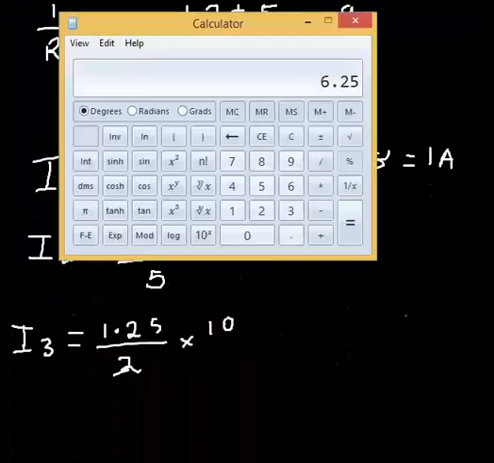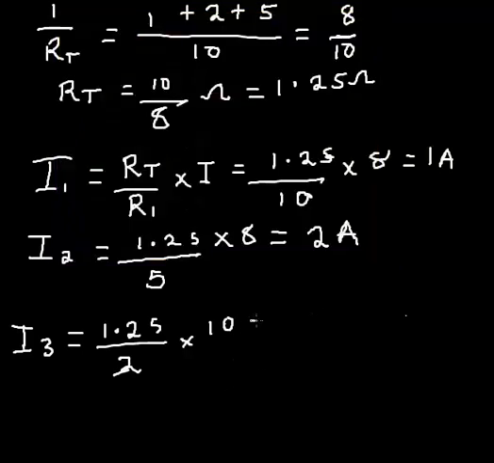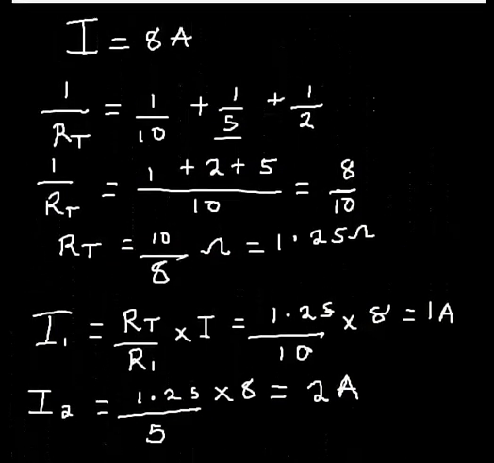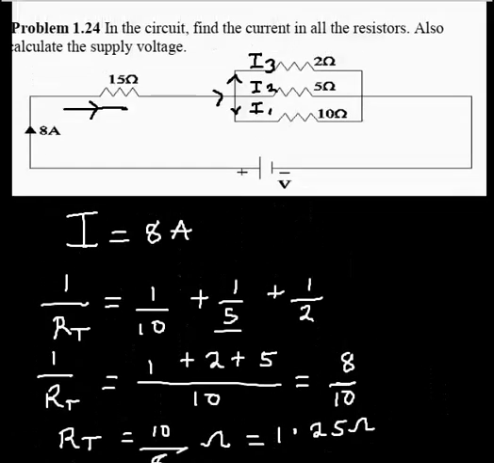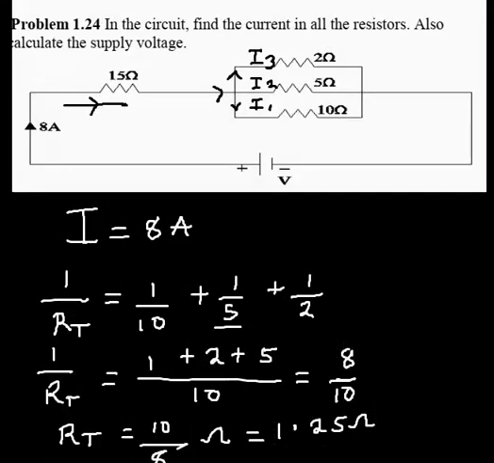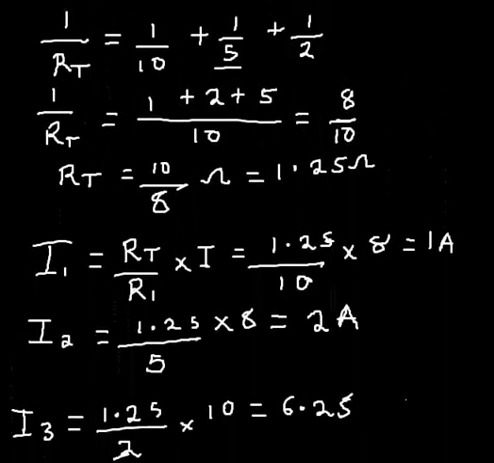All right, let's do that again. 1.25 divided by 2, then times 10. Okay, so that's 6.25. So that's it, and that is our answer.